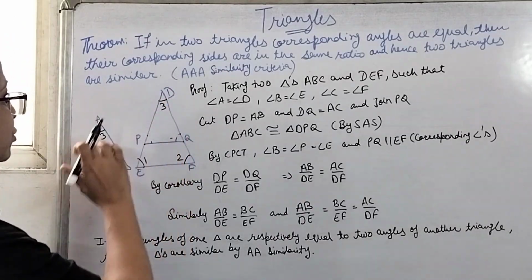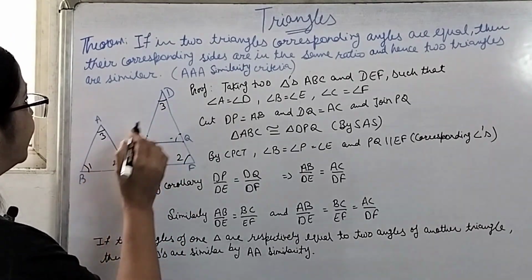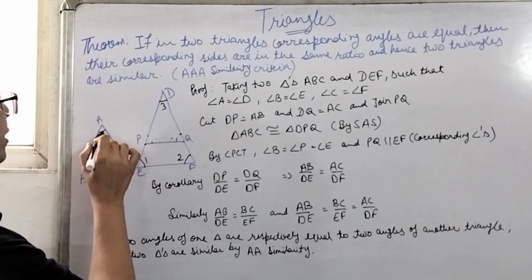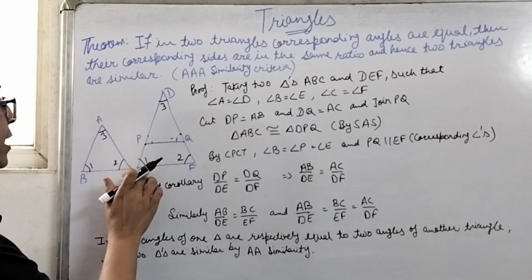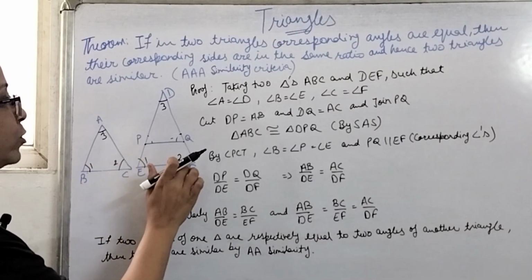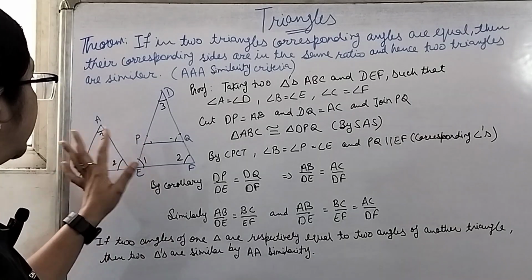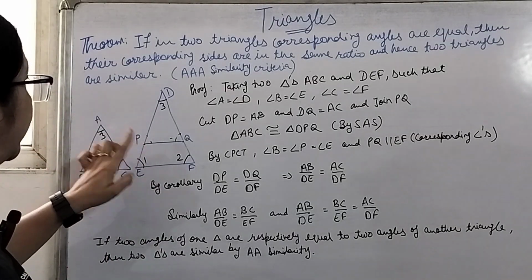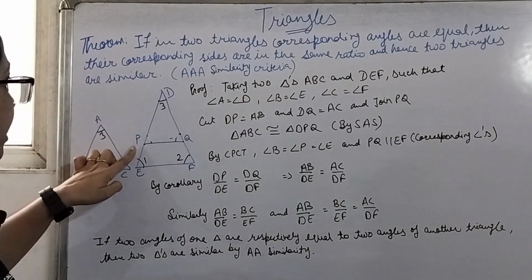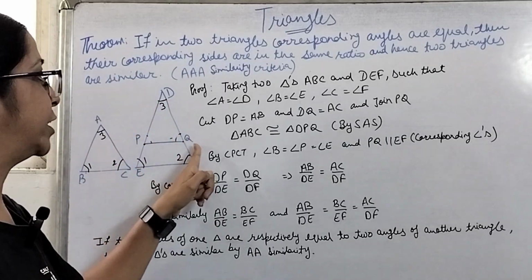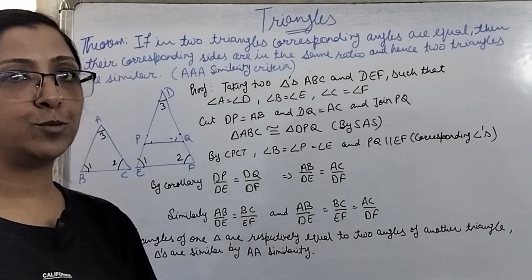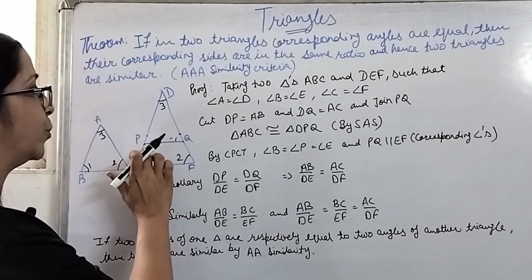Now, if we see these two triangles, this angle 3 is equal to angle 3, this angle 1 is equal to angle 1, and this is equal to this. This we have taken by construction, and we have selected these points such that AB is equal to DP and AC is equal to DQ. Now we have joined these two.